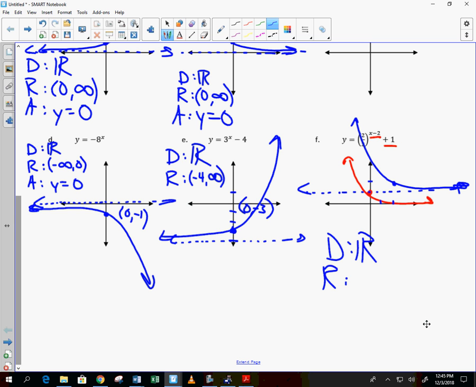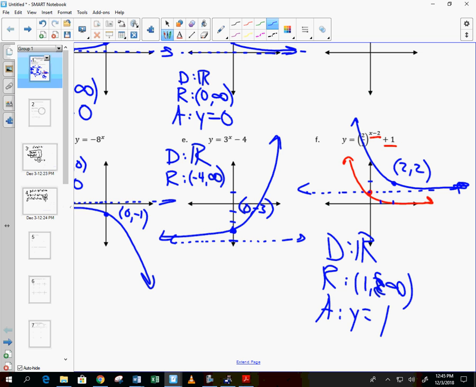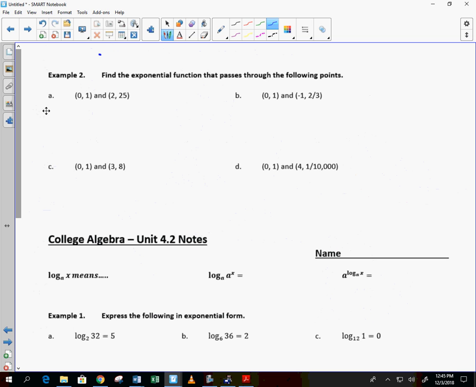Range. 1 to infinity. It passes through the point 2, 2. And then we have the asymptote y is equal to 1. Flip it over. Got these 4, you're done.